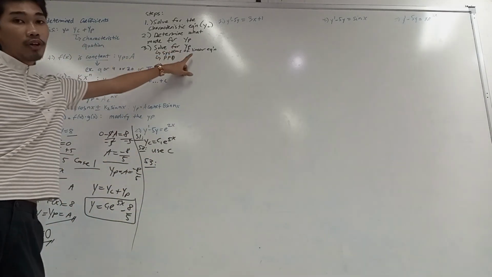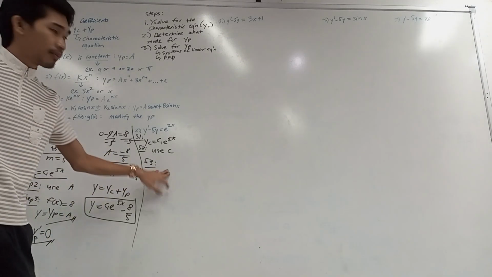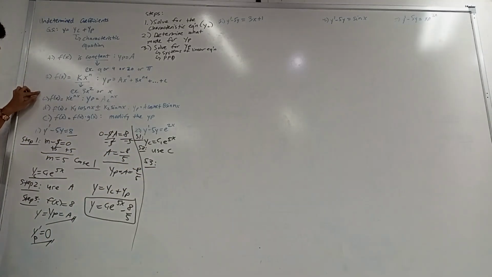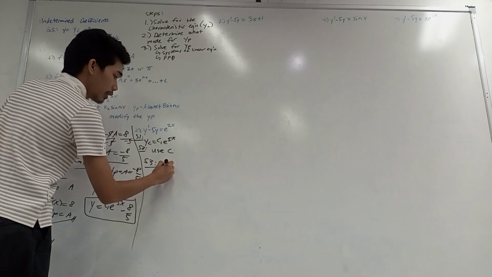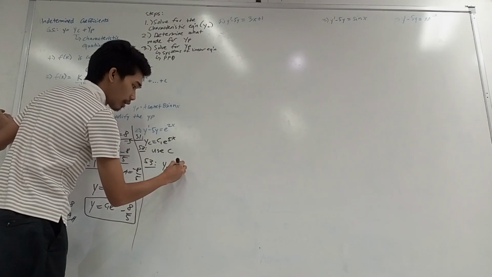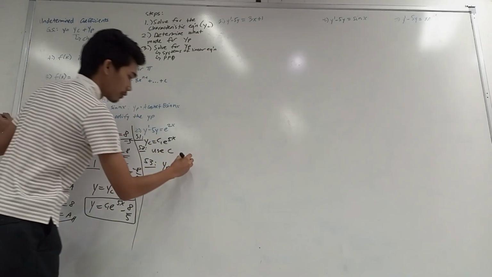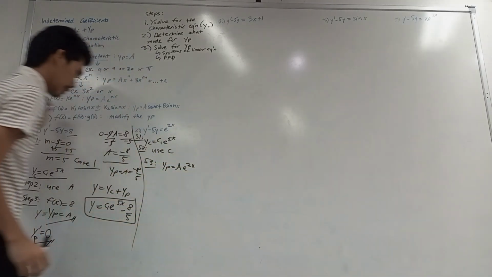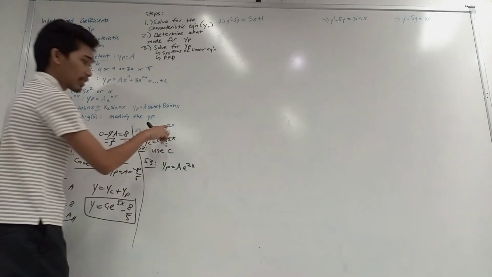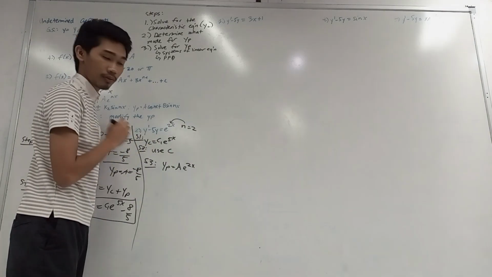Gagawin natin is solve for yp. Solving for yp, makita natin na yp is equals to A e raised to 2x. So yung n man natin, ito man yung n natin, n is equals to 2, which is ito.